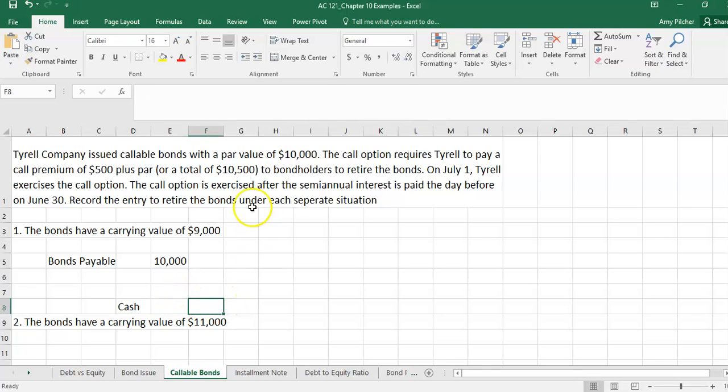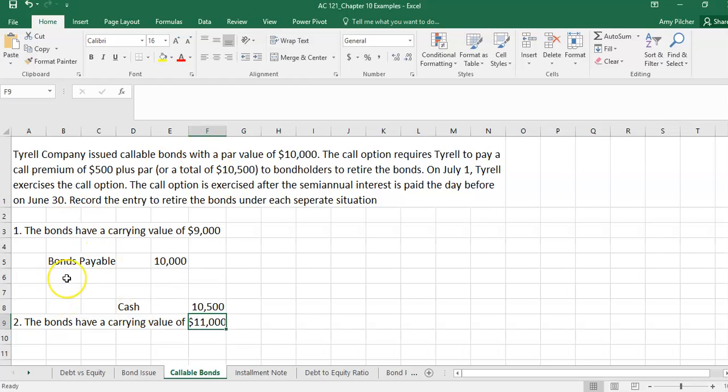And it says that we pay a call premium to call them back early. So we have to pay $10,500 because we're calling these bonds back early. We also have to deal with the fact that we have a $9,000 carrying value. So this is a discount.